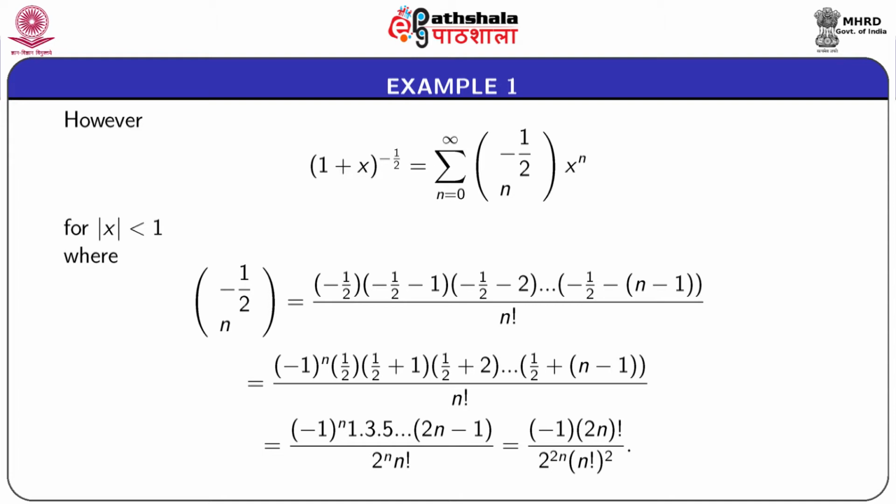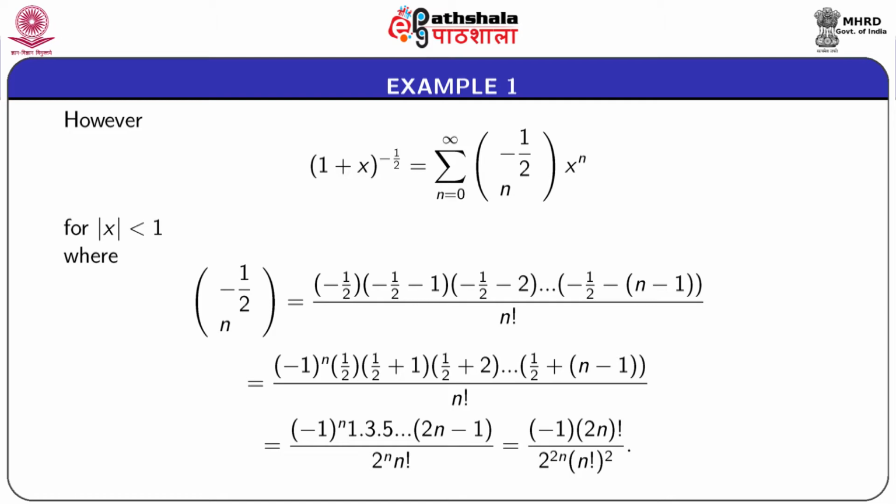The symbol has this meaning: (minus 1) to the power n twice n factorial divided by 2 to the power 2n into (n factorial) square, and this summation is valid for mod x less than 1.